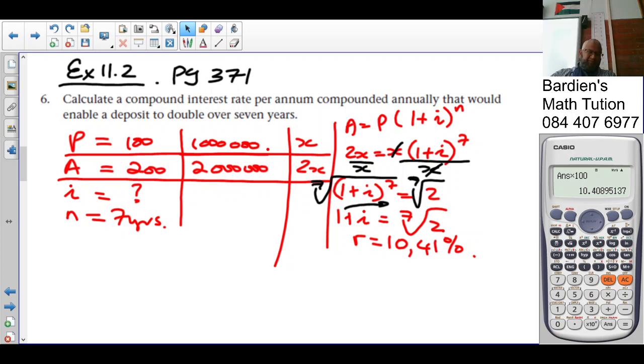So, as we said, the interest rate seldom stays the same, especially over long periods of time. Any long-term investment will be subjected to interest change at various stages.